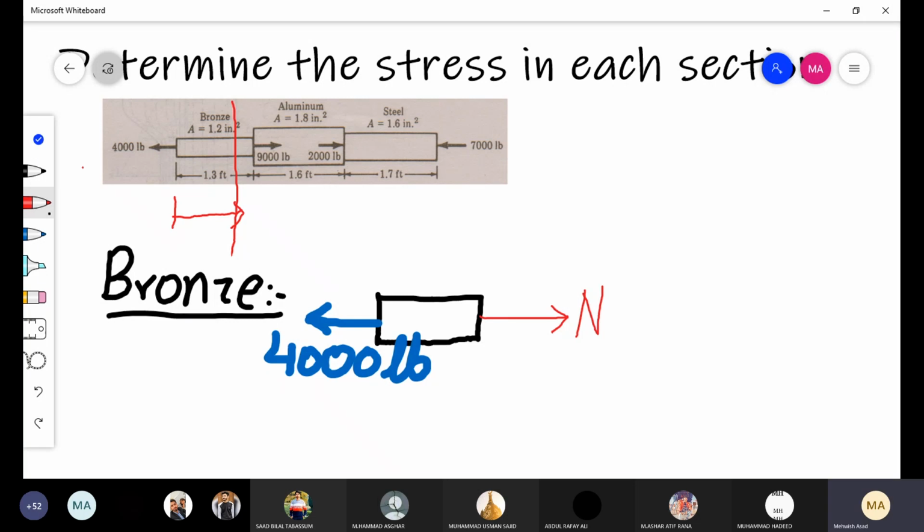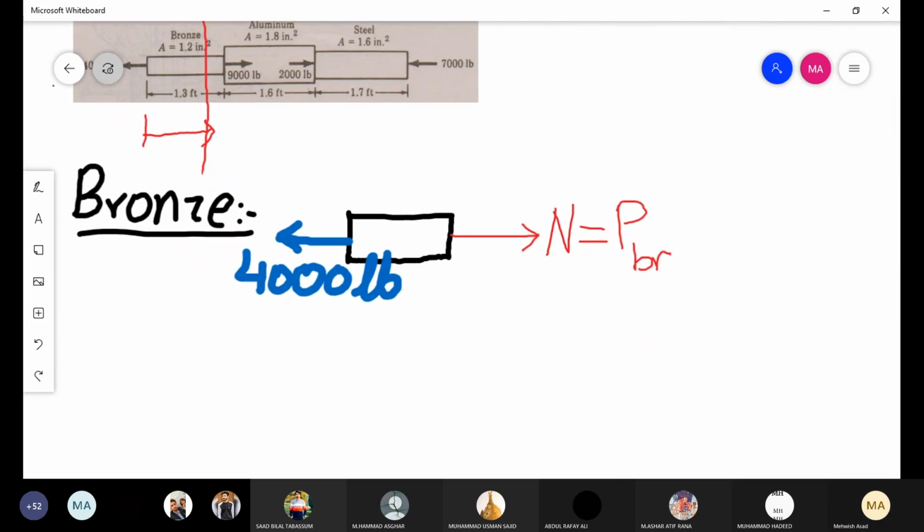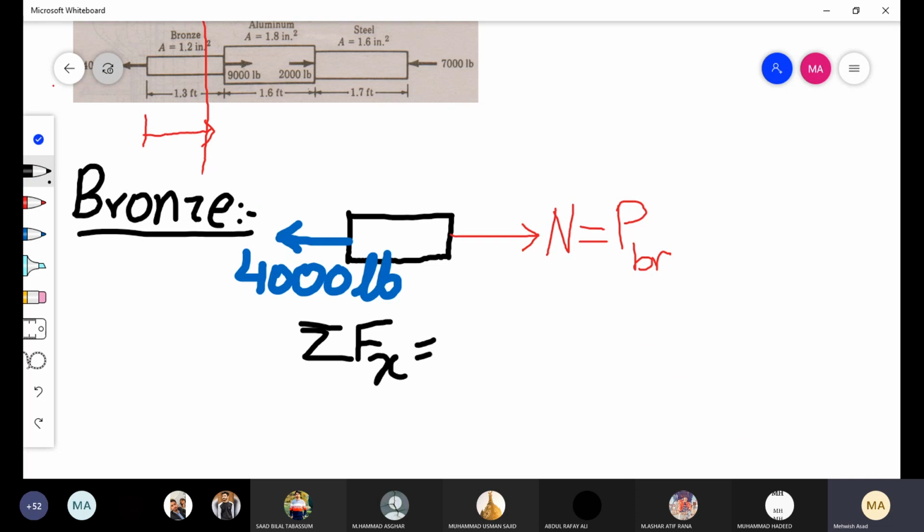And this normal force is now referred to as PBR, that is load in internal load in bronze section. If we apply the equation of equilibrium, only one equation is applicable, that is summation of all forces in x direction is equal to 0.